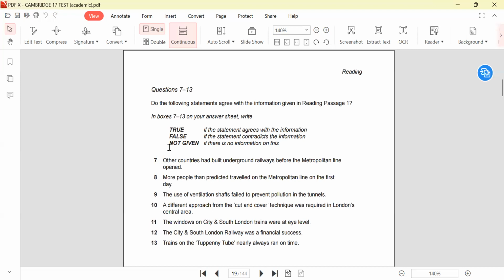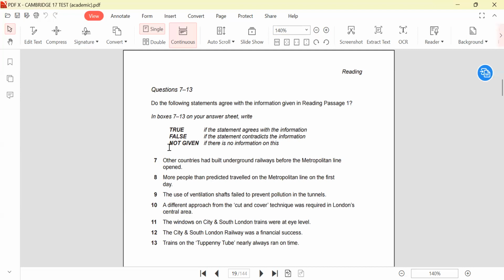If it is exactly the opposite, then you will mark it false. And if there is no relevant information given for that statement, you will mark it as not given. You will not add your own assumptions in the true false section in the IELTS reading test. This is a very important strategy for true false.